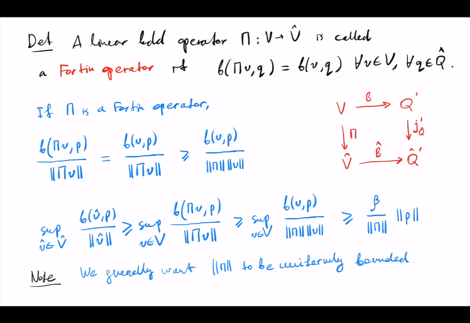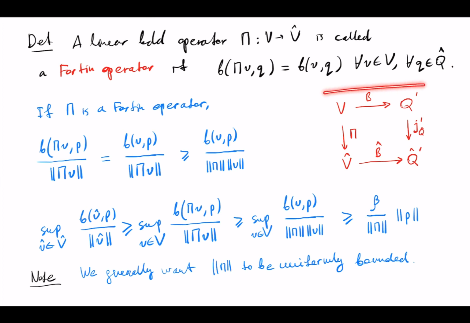For any V you apply the Fortin operator, you get a discrete version of that V, and applying the bilinear form to it is equal to the bilinear form applied to the original V, for all Q from the discrete space Q hat.